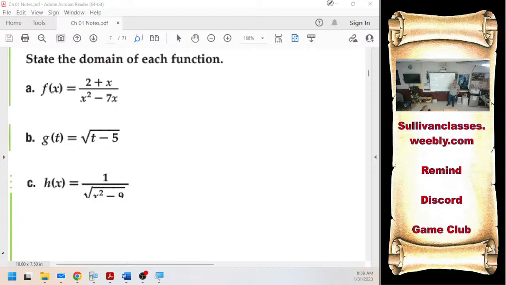I can't divide by 0. So you find out who's going to break the rule. I find that out by taking my denominator and setting it equal to 0. I'm saying who's going to break the rule. Good thing I know how to solve quadratics. Okay, how?